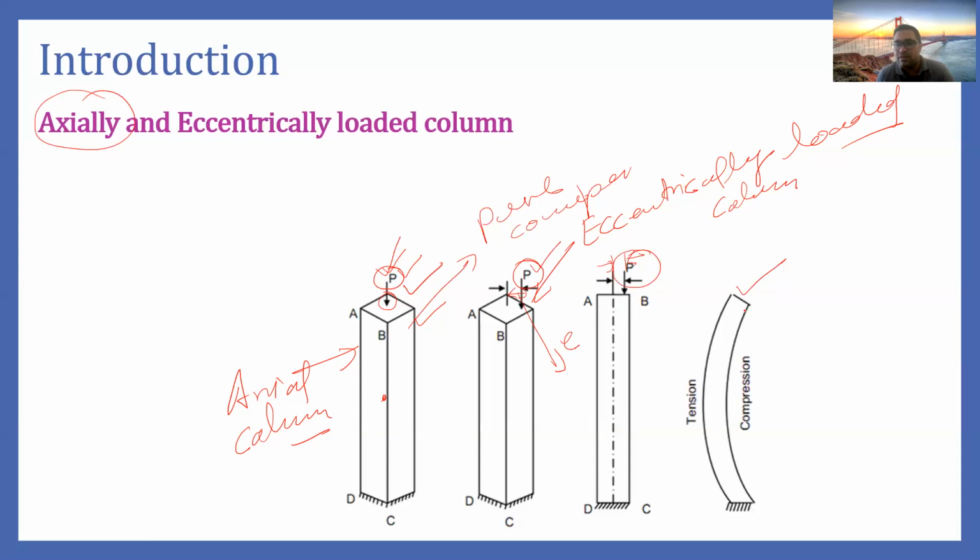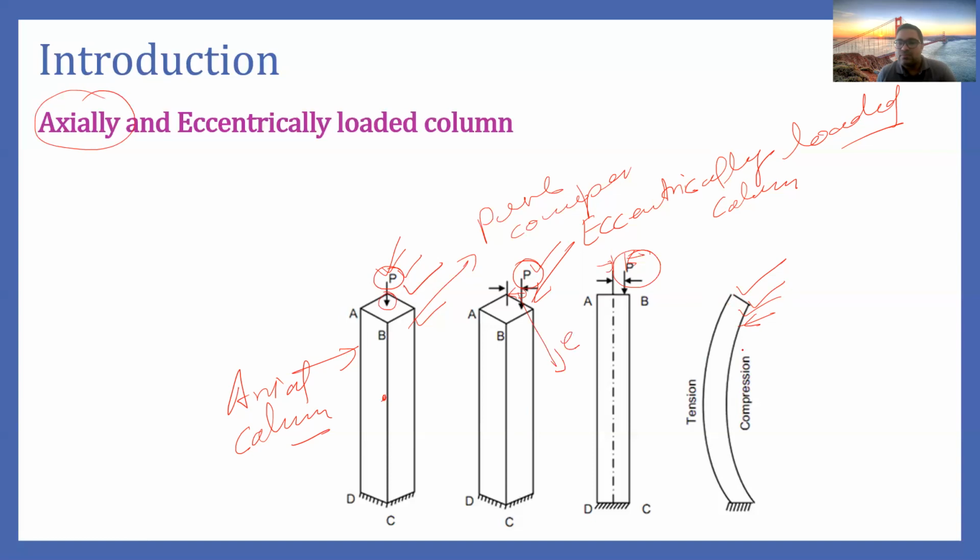So here, what is happening? This time, this column is behaving like a beam. In a beam, when load is coming transversely, the beam is experiencing compression and tension at the same time. And the column will be behaving like a beam in this case, which means the column is having compression as well as tension, which means the column is experiencing bending effect.